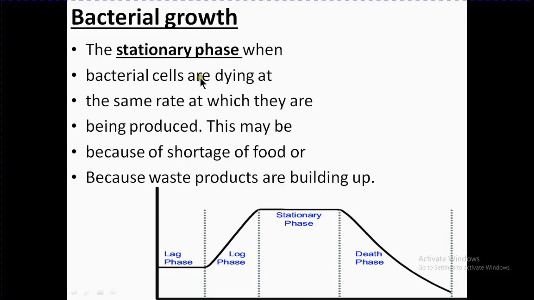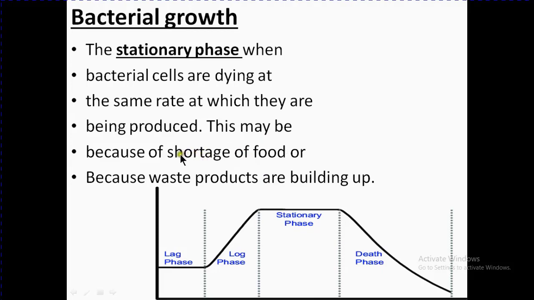The next one is the stationary phase, when bacterial cells are dying at the same rate at which they are being produced. The number of bacterial cells produced equals the number that die, so we name it the stationary phase.